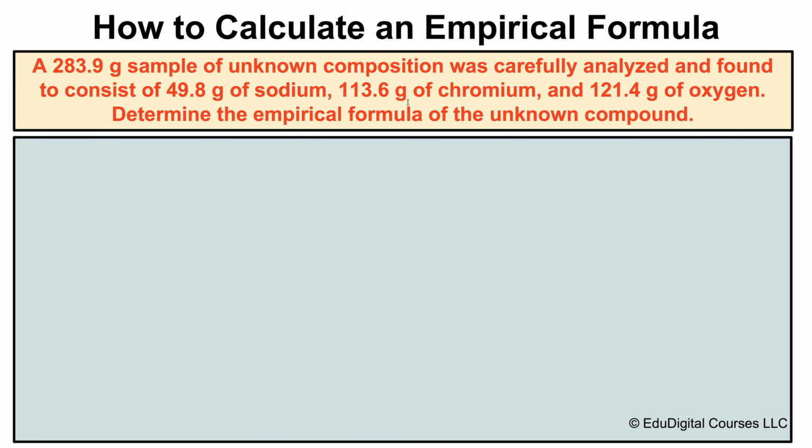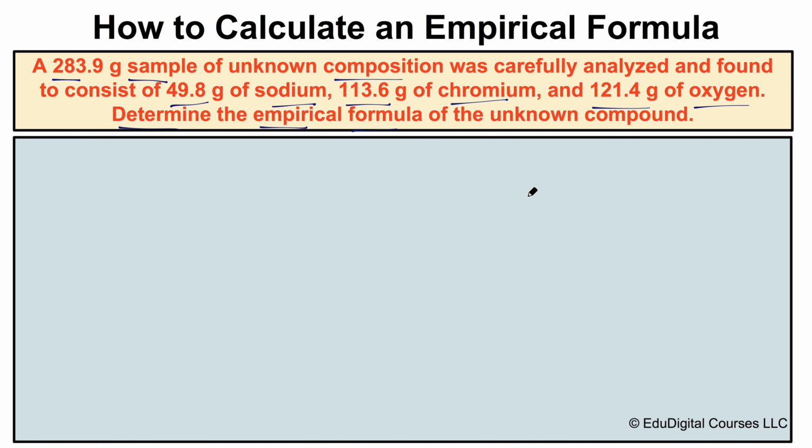In this example it says a 283.9 gram sample of unknown composition was carefully analyzed and found to consist of 49.8 grams of sodium, 113.6 grams of chromium, and 121.4 grams of oxygen. We need to determine the empirical formula of the unknown compound.